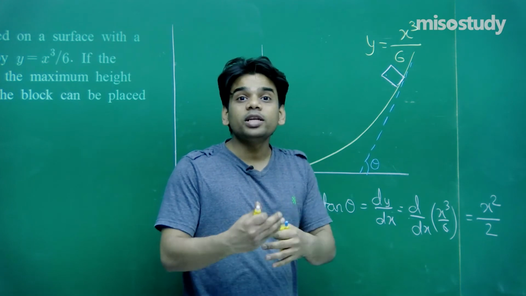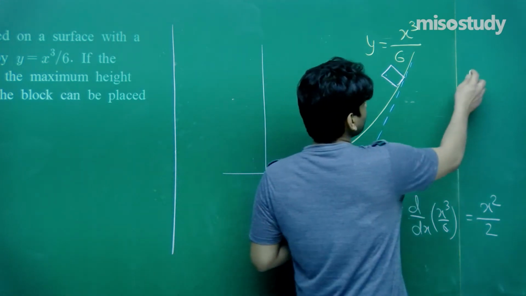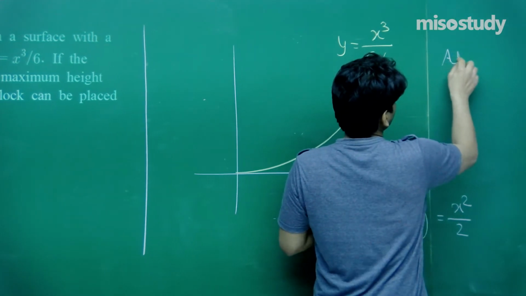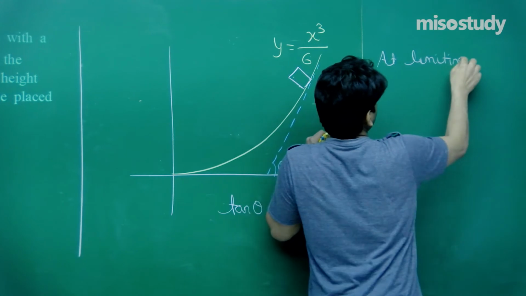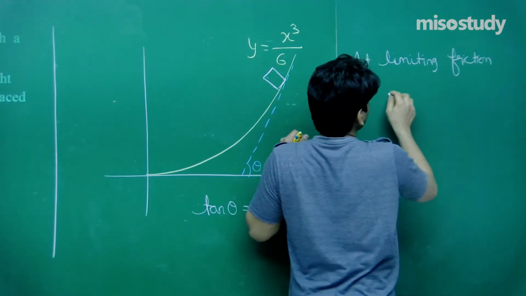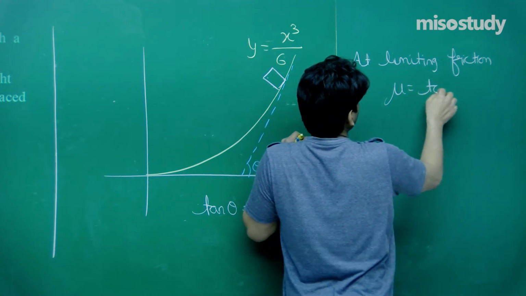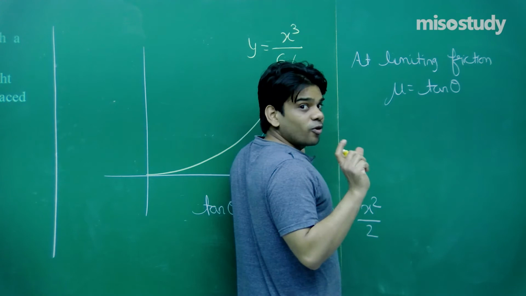Now let us know the limiting value of the friction. For the limiting value, when maximum friction acts, we all have learned this, mu is equal to tan theta. So we need to avoid it slipping.